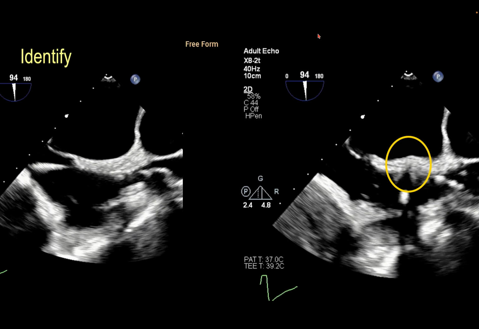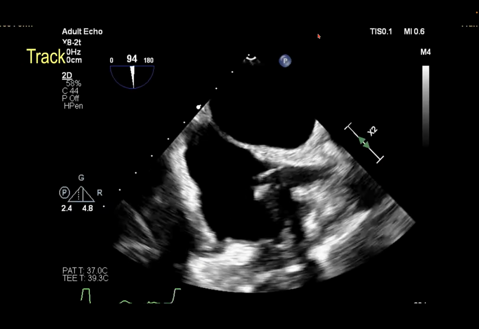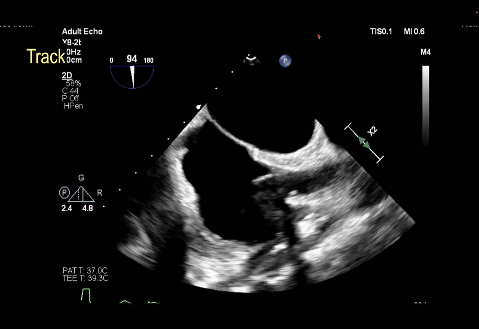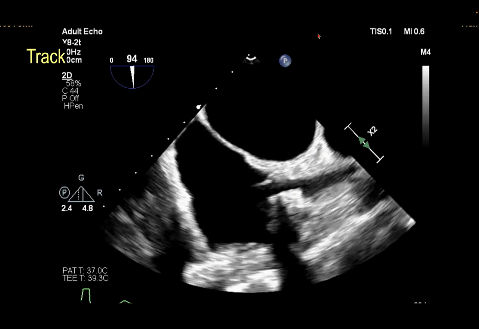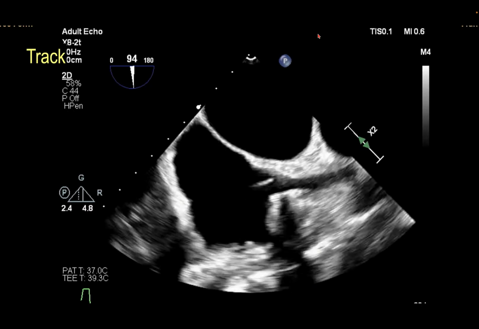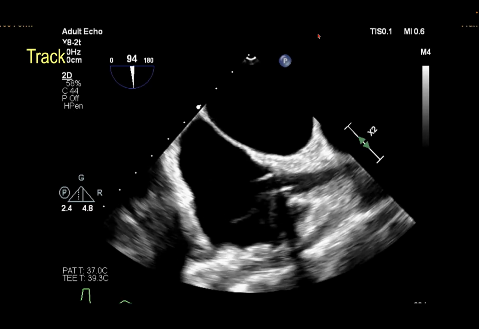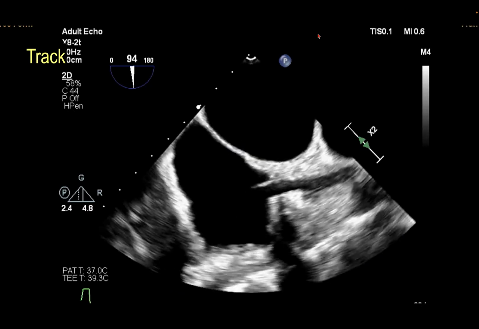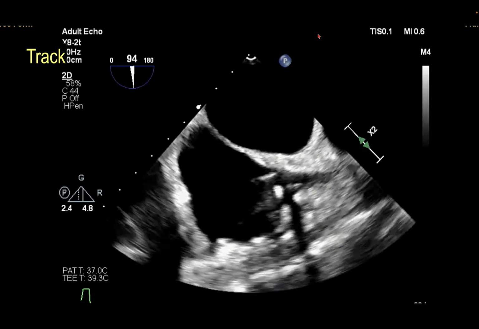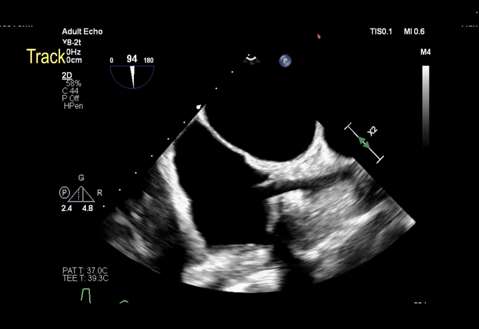So practice is the first phase, identifying the needle is the second phase, and the third one, which is actually the most important one, is tracking the needle. This is where most experience is required. This is where most knowledge of the motion of the needle in the right atrium is required, and you need continuous synchronous imaging of the motion of the needle from the superior limbus onto the fossa ovalis.